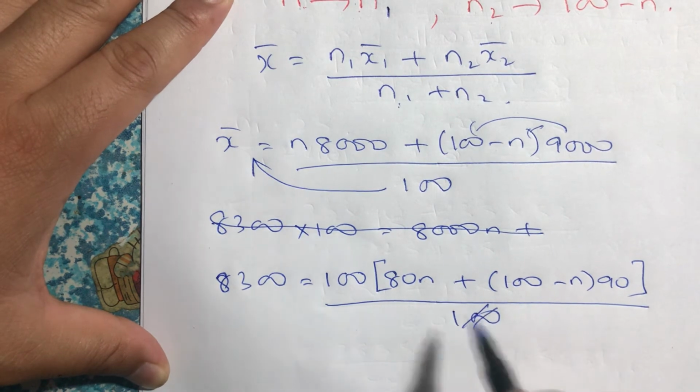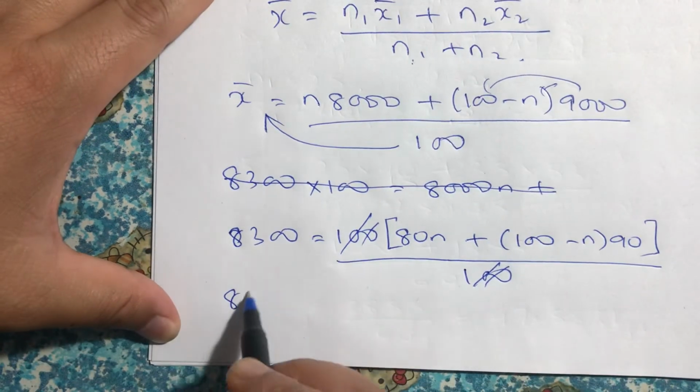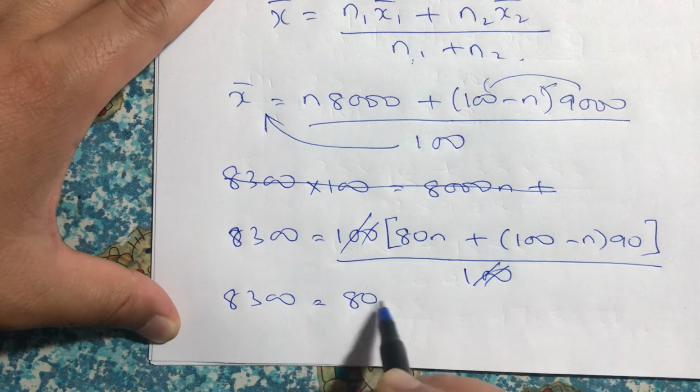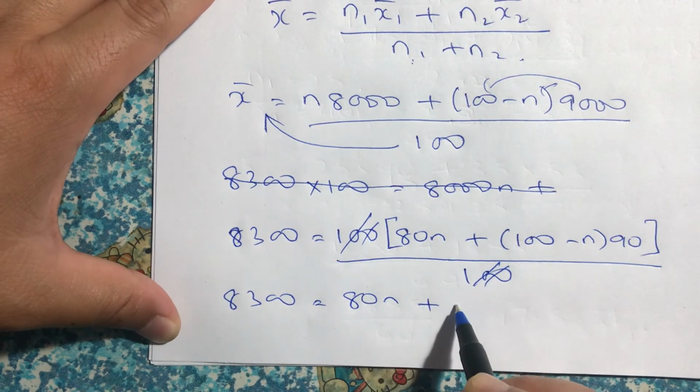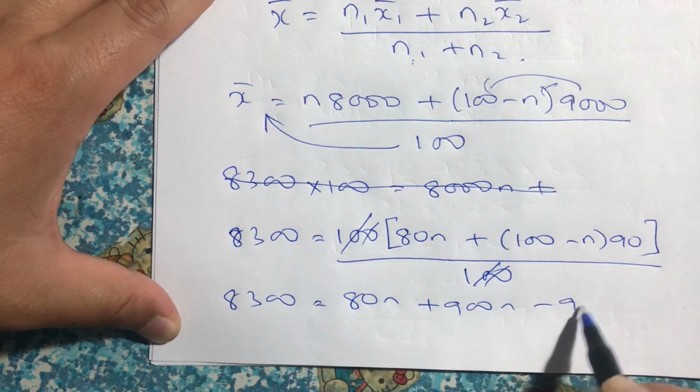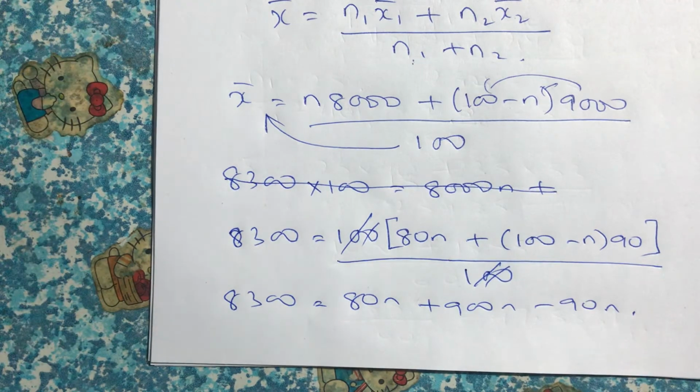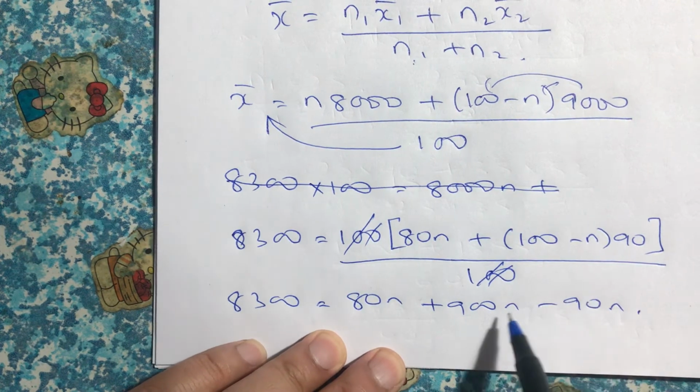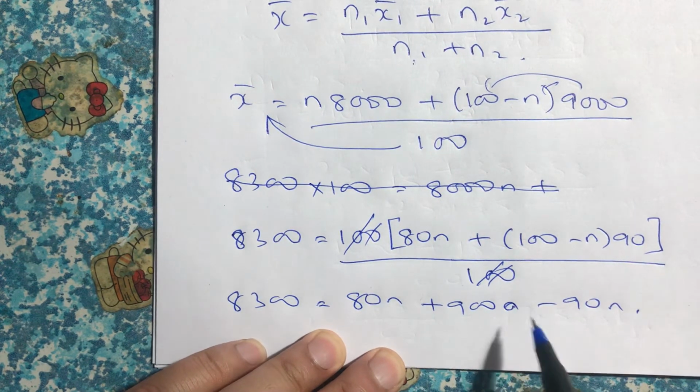Okay, if I take the 100, and this 100 gets cancelled, then I get A300 is equal to 80n plus 900n minus 90n. Is that okay? I hope that is clear. Oh, sorry, this is 9,000.